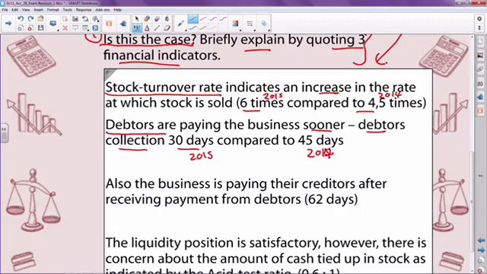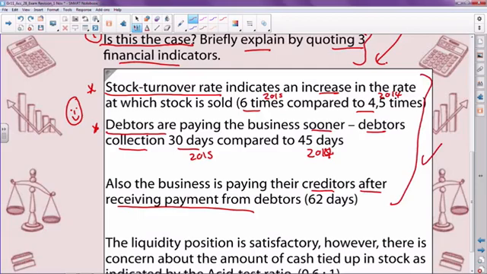Again, another liquidity ratio showing that everything is fine. The business has sufficient cash to pay their short-term debt. The next ratio: the business is paying their creditors after receiving payment from their debtors. And remember, this is very good in terms of liquidity. So all three ratios indicate that everything is absolutely fine.